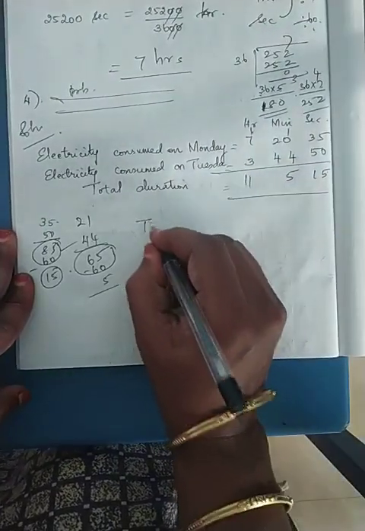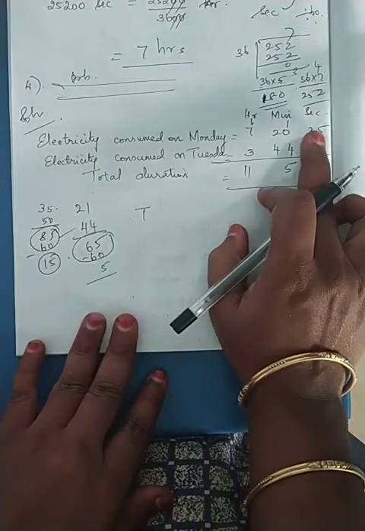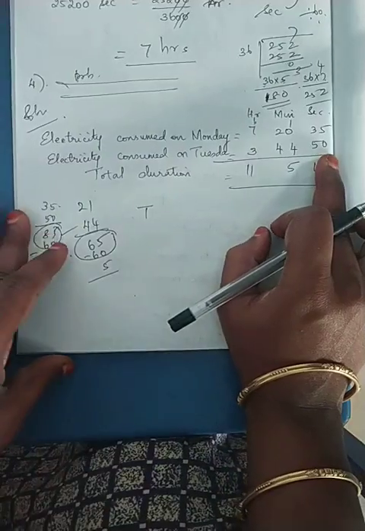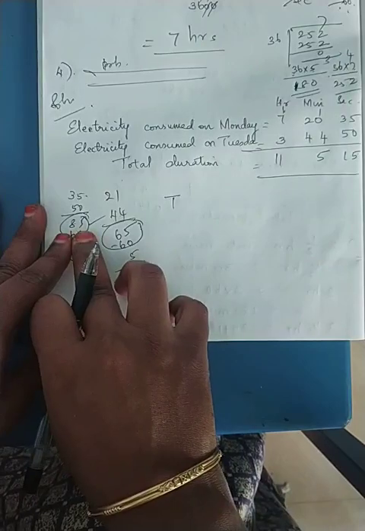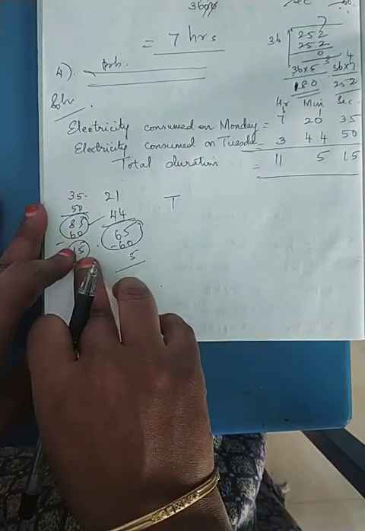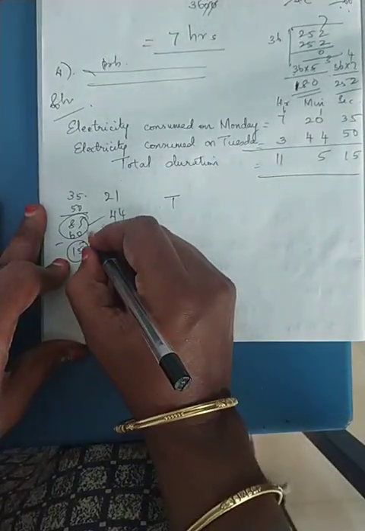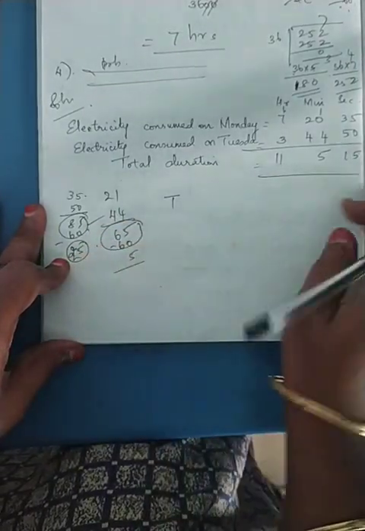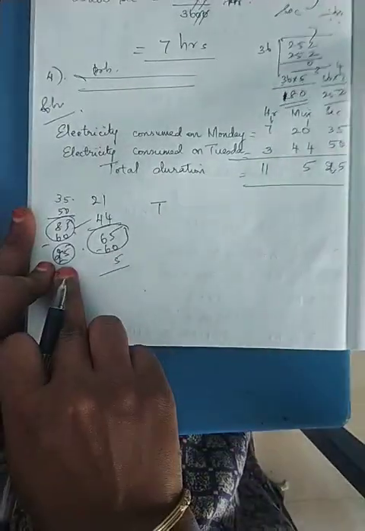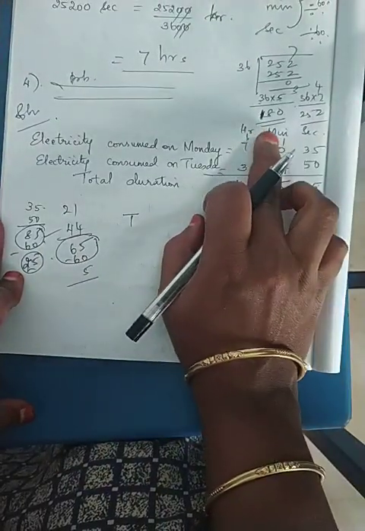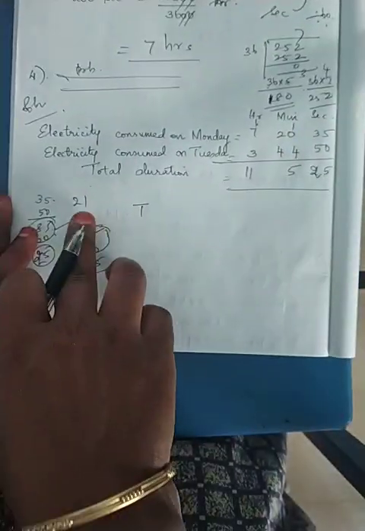So the total duration, you understood I guess. See, first you start from the seconds area. 35 plus 50 will give me 85. 85 means I cannot directly write 85 there because 60 seconds will make 1 minute. So I subtracted 60. So this is 25 seconds. And then that 60 I have subtracted, so that becomes 1 minute. So I bring that 1 to the minute. When I add that minute, it will become 21 plus 44.